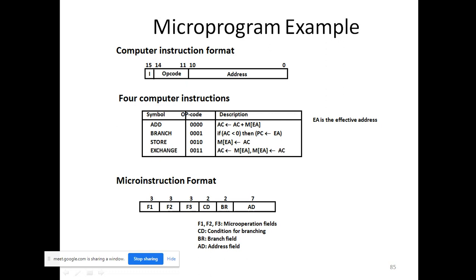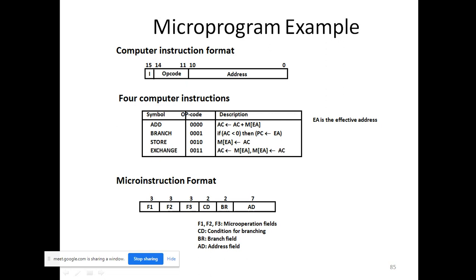Next one is exchange. Exchanging is nothing but swapping. The second operand data is sent to the accumulator, and the accumulator, having the first operand data, sends it to the second data register, that is, to the effective address. They are exchanging the data.